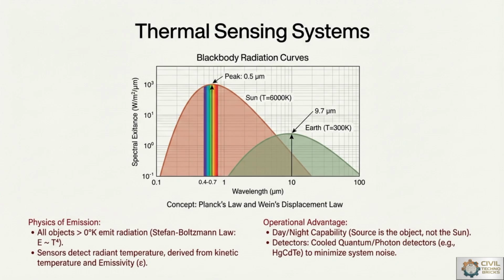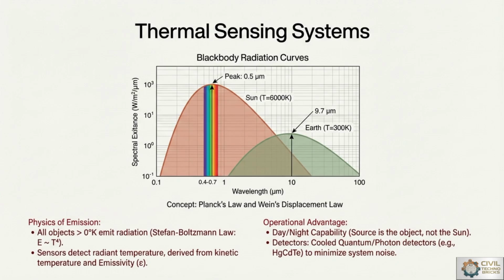Means the thermal sensing system is studied on the basis of the physics of emission, where all objects at greater than 0 degree Kelvin emit radiation. Here the sensors are used to detect the radiant temperature or variation in temperature, which is derived from kinetic temperature and emissivity. At the same time, we can consider the operational purposes for day and night capability, where the source is the object, not the sun.